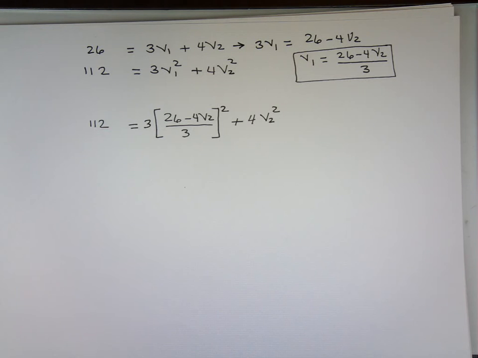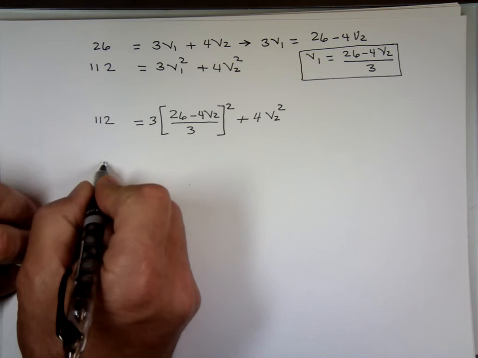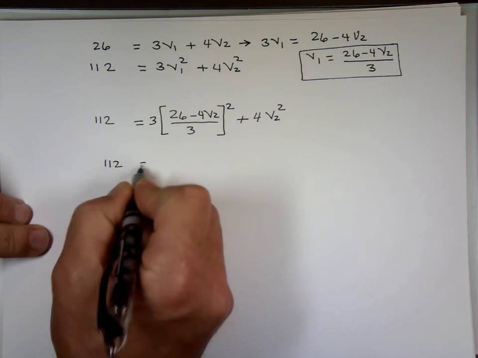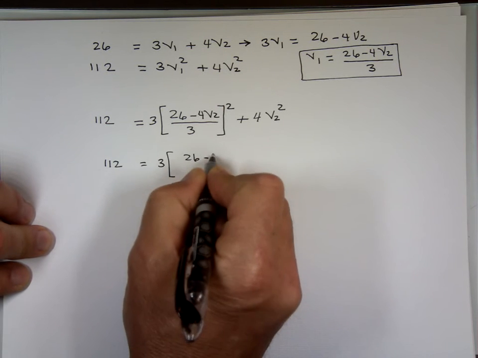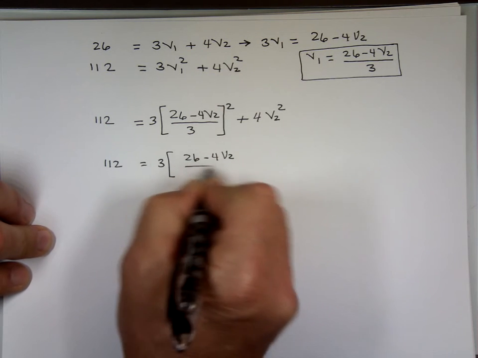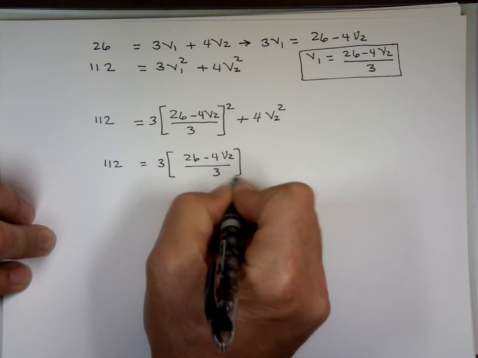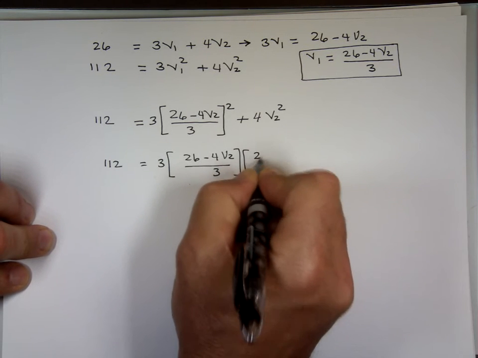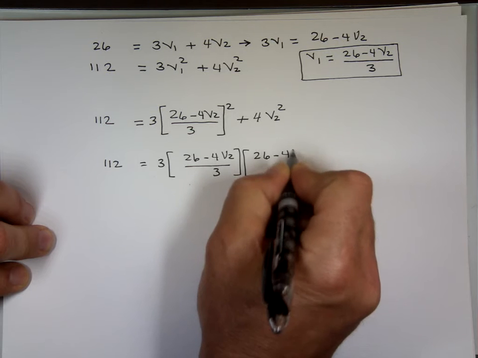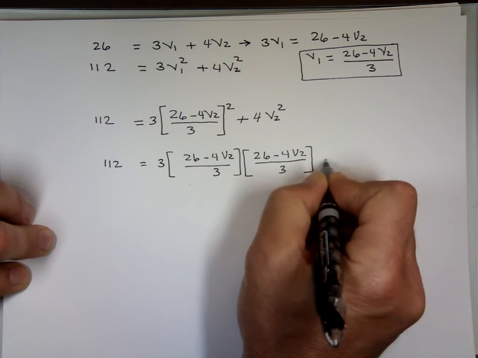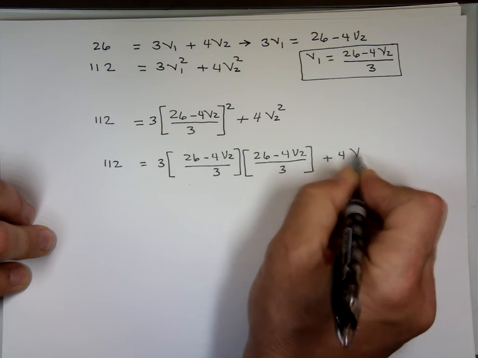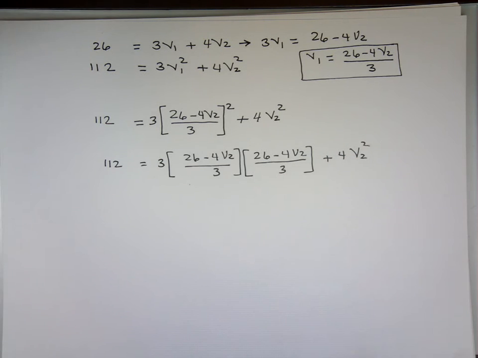I got to square this, which means multiply it by itself. And the 3's will cancel each other out.